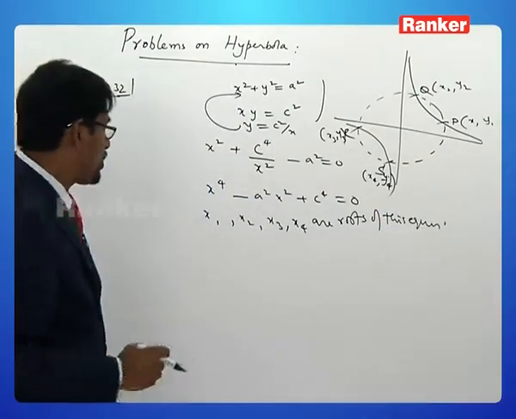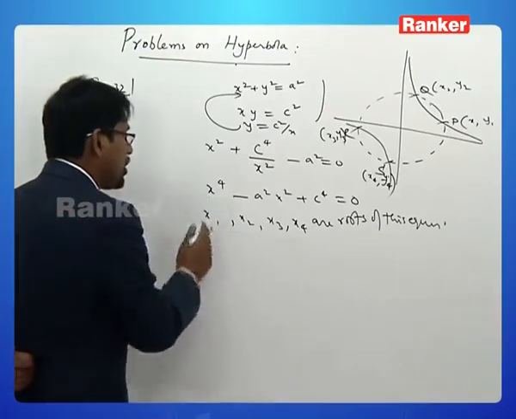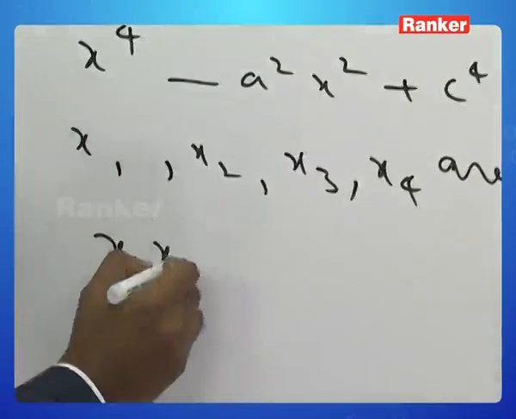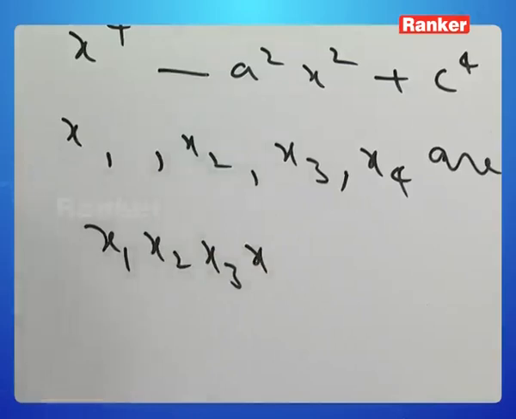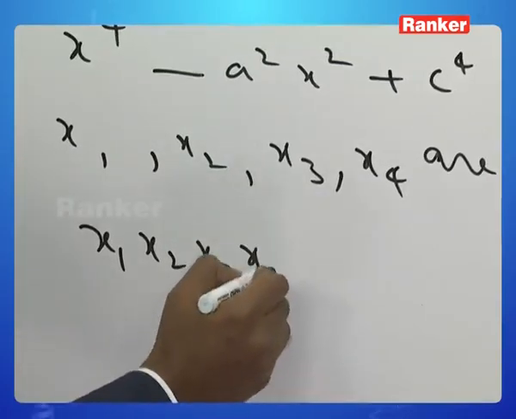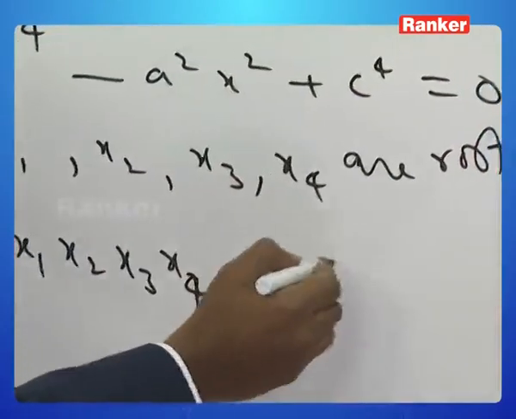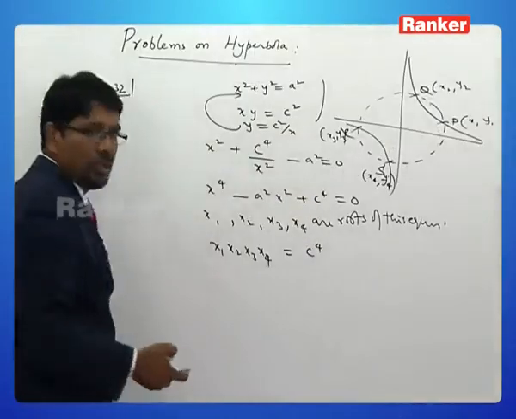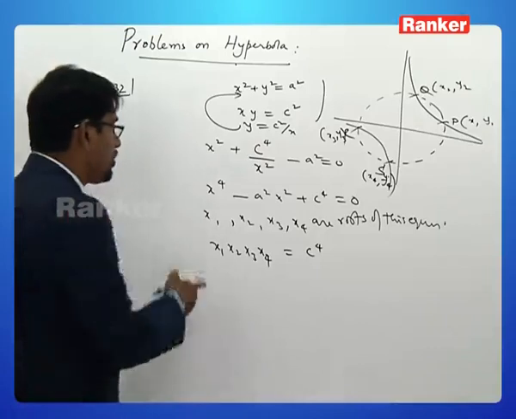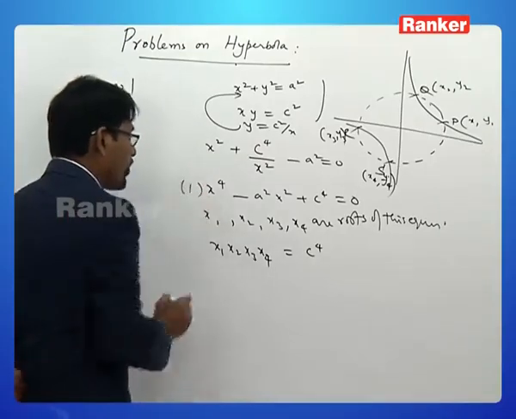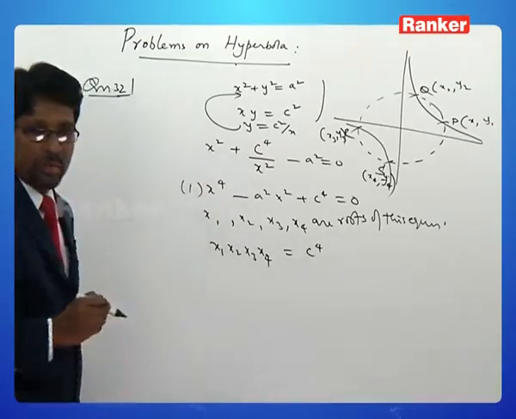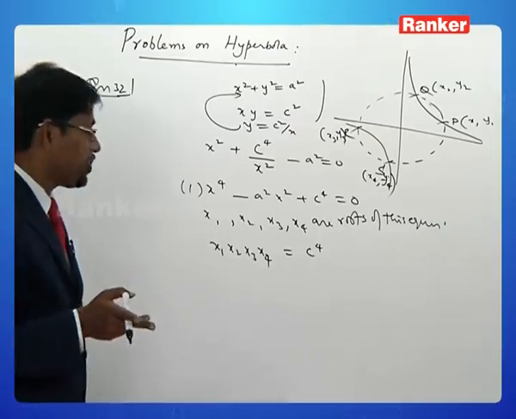Hence, what do you have? Product of the roots x1 into x2 into x3 into x4, we find that is equal to c power 4. You see the constant term divided by this one here. So I mean the third option doesn't appear to be correct.